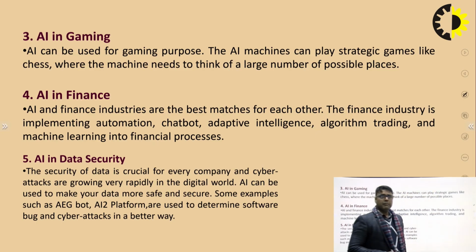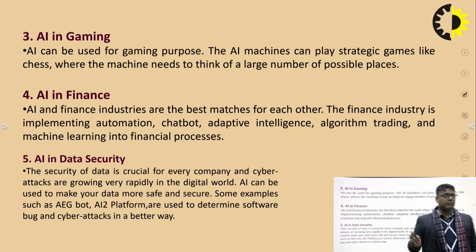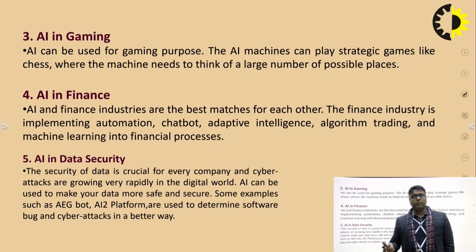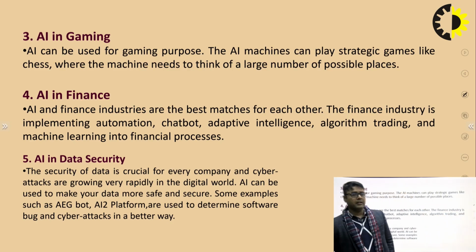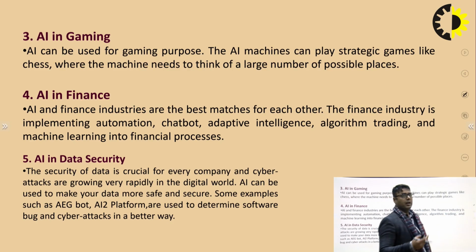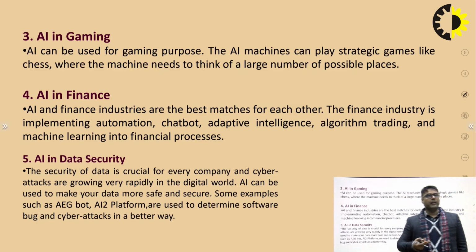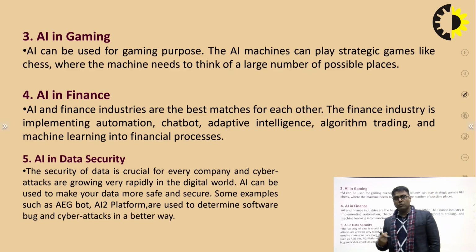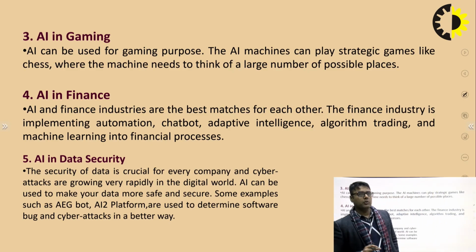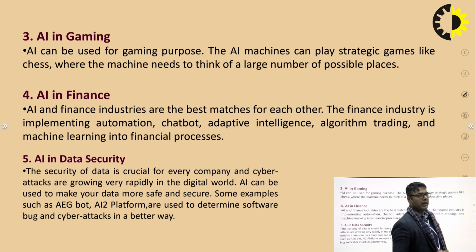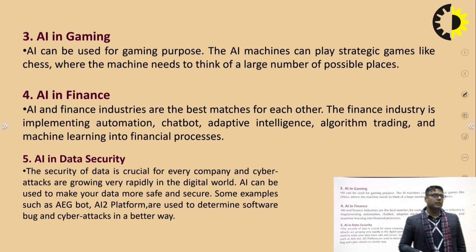The AI machine can play strategic games like chess, where the machine needs to think of a large number of possible moves. You play games like Ludo and chess through computers, and when I play a game with the computer, one side is the machine and one side is the human. So you play different games through AI.